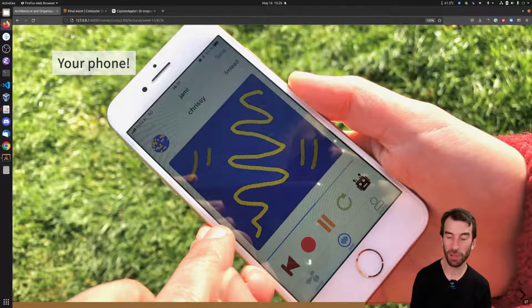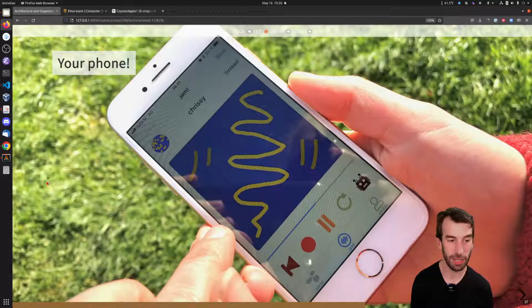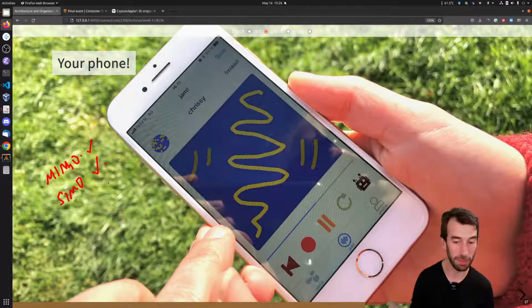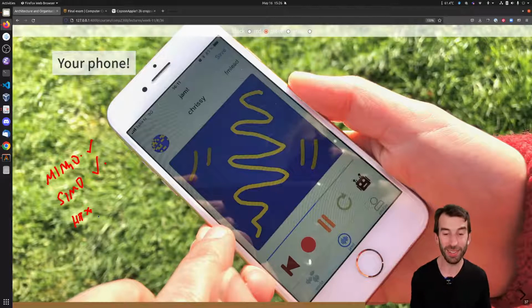So all of the things that we think are really cool, multiple instruction, multiple data, got that. It's got SIMD because it has the ARM chips with some ARM vector extensions. It doesn't have hyperthreading, no, but it doesn't need it because it's got 6 cores, right? And it's only a phone.